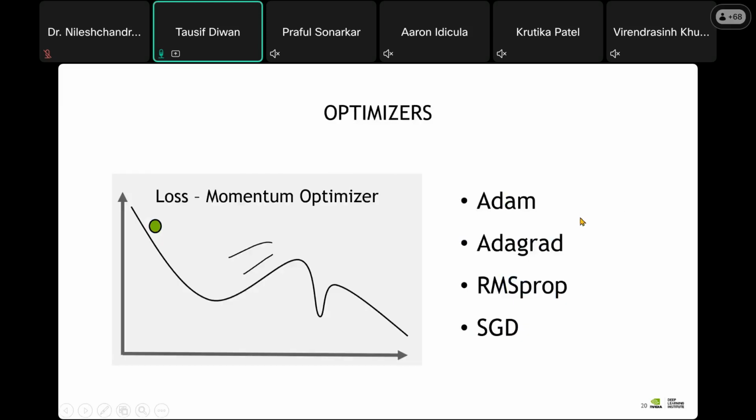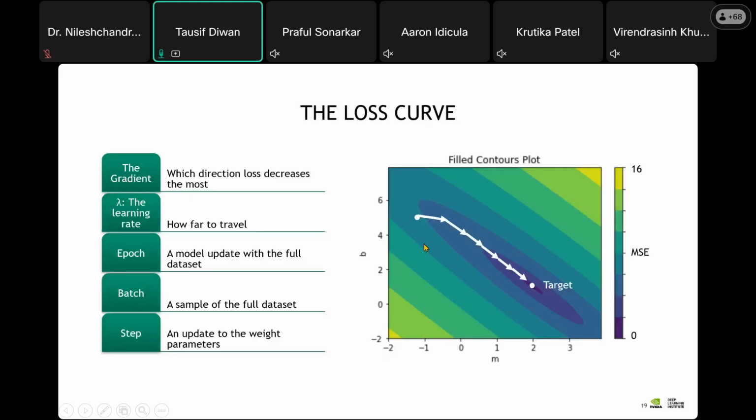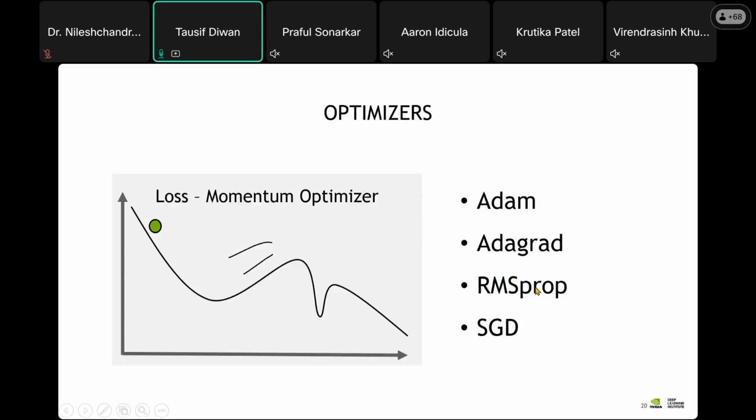With the help of these optimizers, Adam optimizer, AdaGrad, RMSprop, AdaDelta, Nesterov, stochastic gradient descent, we are just interested in minimizing the steps for reaching the minima. This is the ultimate aim of these optimizers.